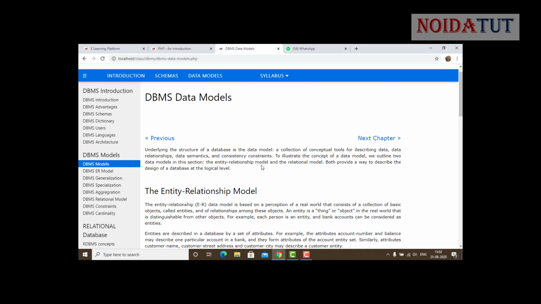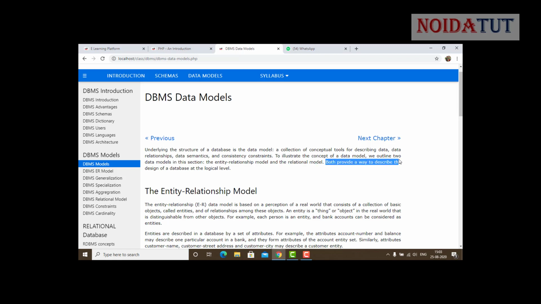Underlying the structure of database is the database data model. A data model is a collection of conceptual tools for describing data and relationships, data semantics, and consistency constraints. To illustrate the concept of data model, we outline two data models in this section, the entity relationship model and the relational model.